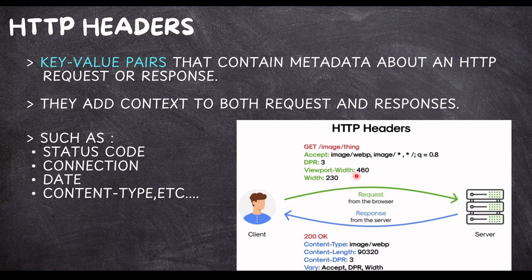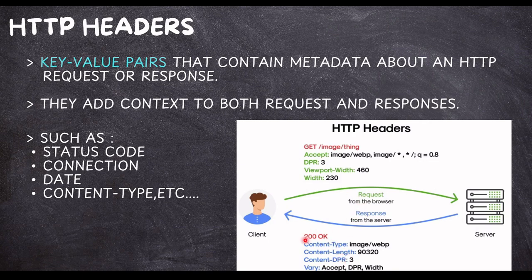Viewport width is how wide your image will be, like what percentage of your image will be shown on screen. So viewport width is 460 and the absolute width of the image is 230. So it just contains more information about the information you are already getting.